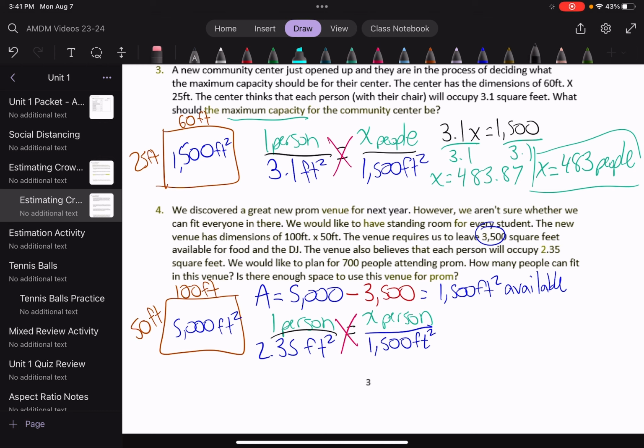And that's going to give me 1,500 square feet is equal to 2.35x. I'm going to divide both sides by 2.35. And guys, this is going to give me, once again, a decimal. So it gives me x equals 638.29. So I'm going to round that off to 638 people. So that is the maximum capacity here.